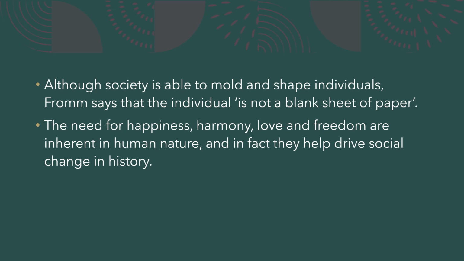So they're driving society towards progress, making progress towards being a society that is more able to satisfy individuals' innate needs, and that's essentially how Fromm views the historical process, through this kind of dynamic conflict.